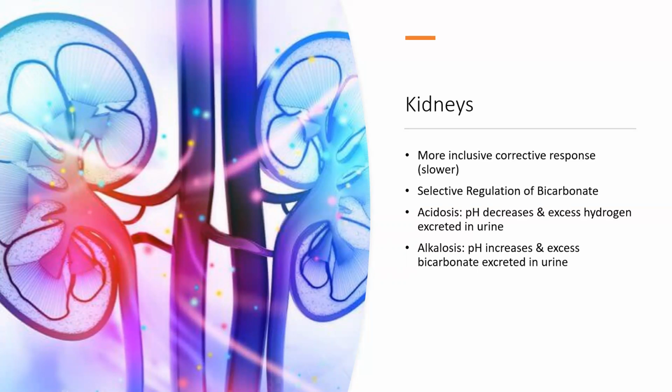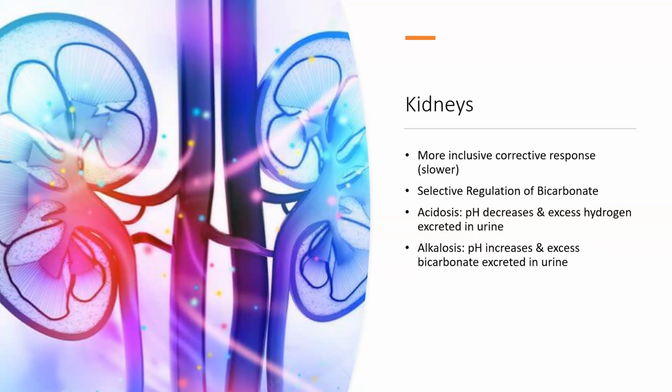Okay, and so it all comes down to the regulation of bicarbonate, which happens in the kidneys. In the presence of acidosis, so we know that our pH is lower, our body determines to get rid of that excess hydrogen by excreting it in the urine. So again, we get rid of those hydrogen ions, which cause the acidosis, by urinating them out of the body.